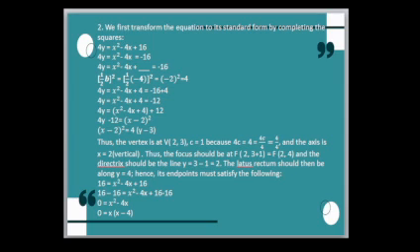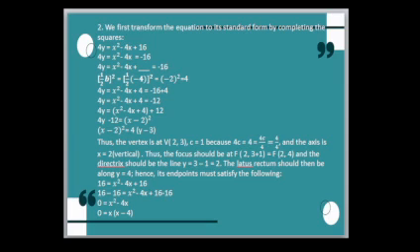In completing the square, we need to find half of b. In our equation, we have x squared minus 4x, so our b is -4. Half of -4 is -2, and we square it: -2 squared is positive 4.